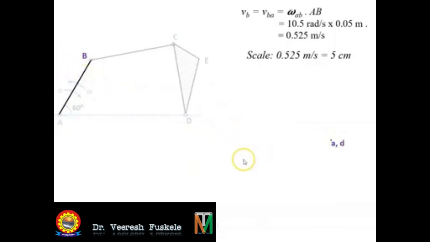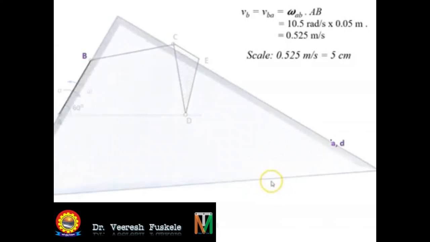So we are placing the set square on the link AB. One of the sides of the set square is placed on the link AB and the other side, which is perpendicular to the first side, is passing through the point A. So we have adjusted the set square like this. Now we will draw the velocity vector of the link AB.